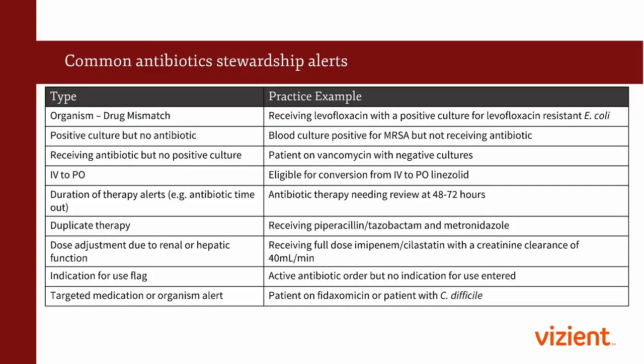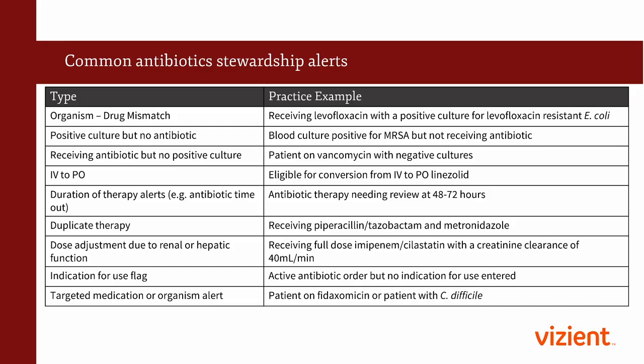This table provides a listing of common antibiotic stewardship alerts that are typically included in these different systems. A common alert that is generated is the organism-drug mismatch, which is also referred to as a bug-drug mismatch. For example, an actionable alert may be generated for a patient that has a positive culture for an organism, but that organism is reported as resistant to the patient's active antibiotic therapy.